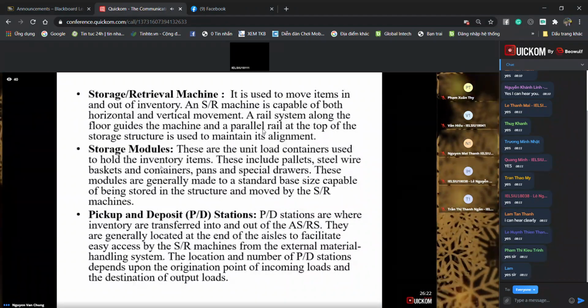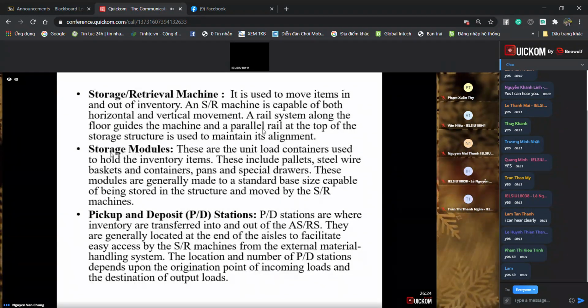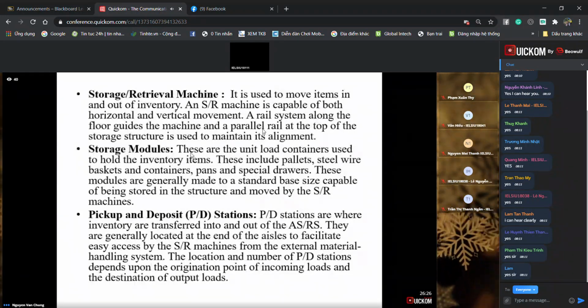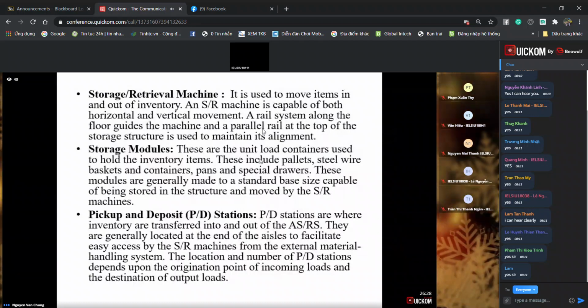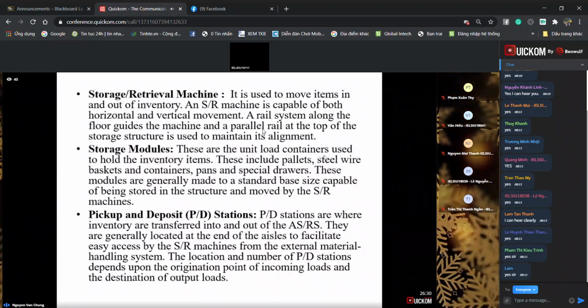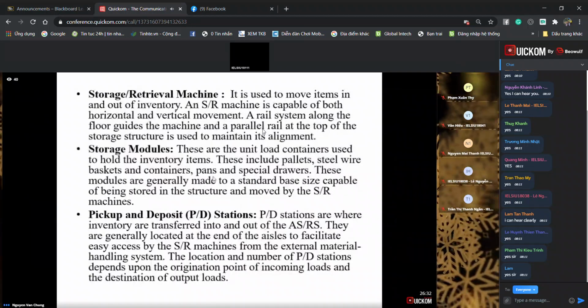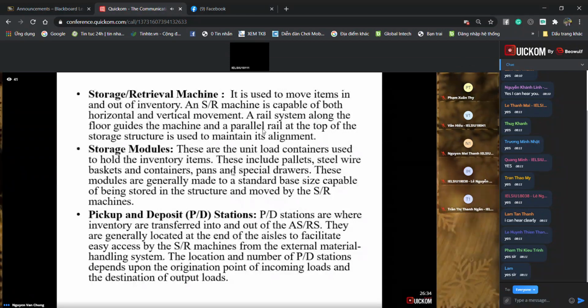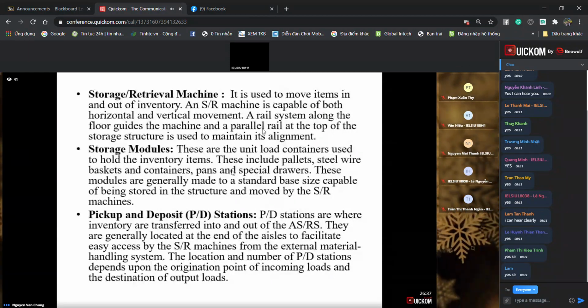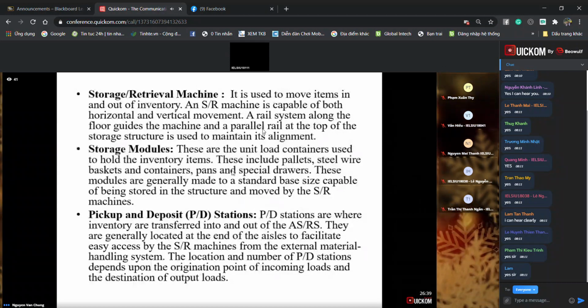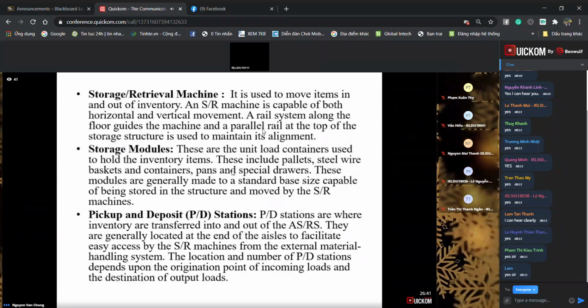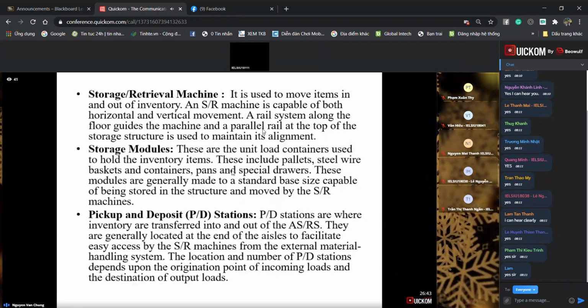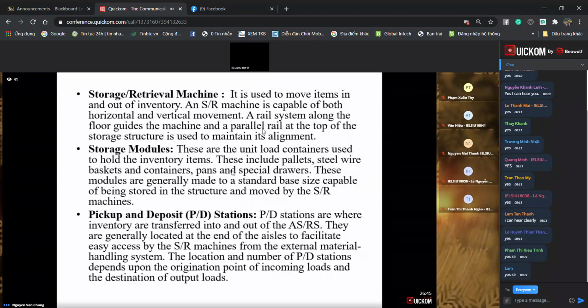Okay, and then you have the model, the storage models. So like that, the unit load of the container. Depending on the dimension of the compartment, you can design the model.